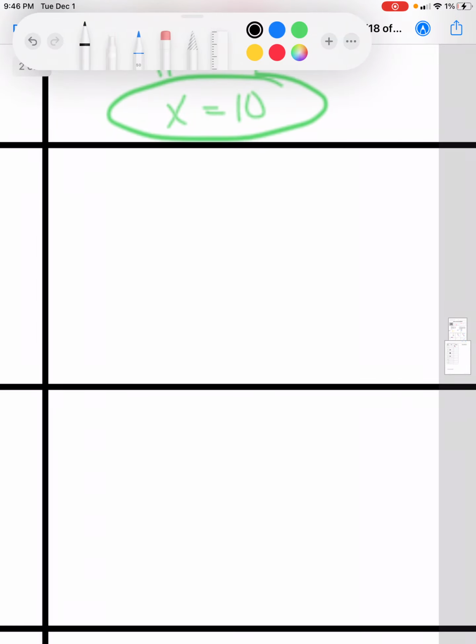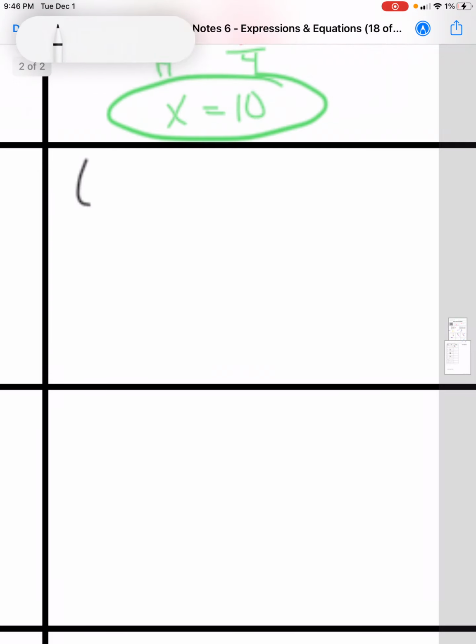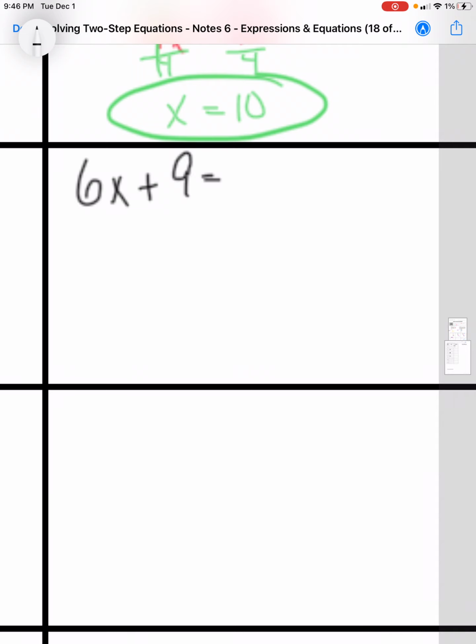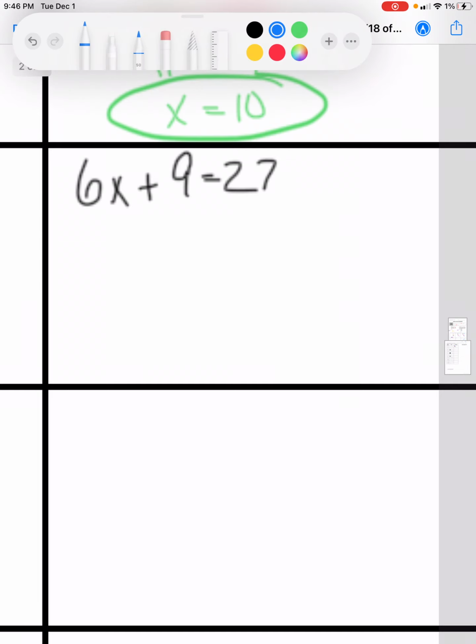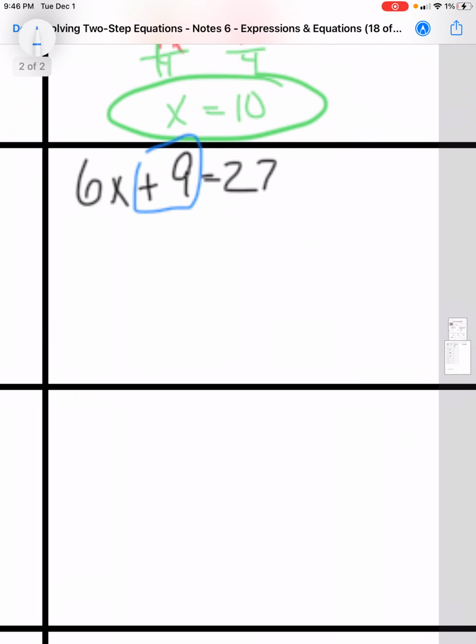Okay. All right. 6x plus 9 equals 27. If you feel like you can do these and you want to go ahead and work them out, you may go ahead and do that. Okay. All right. We're going to combine like terms again. We're going to take the 9 to the right side away from the variable. How do we do that?